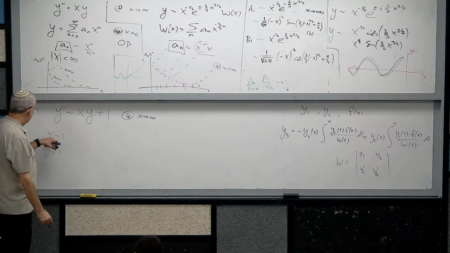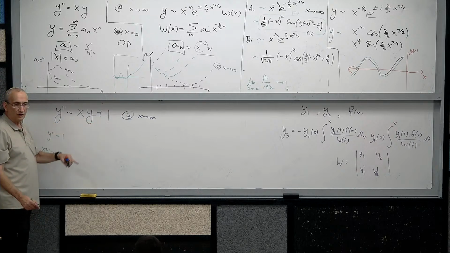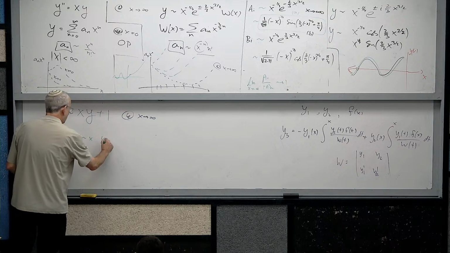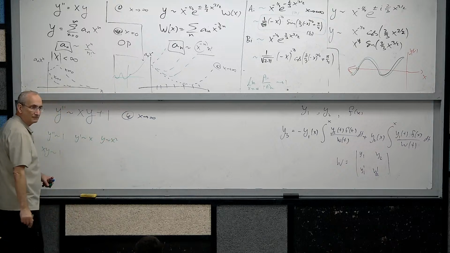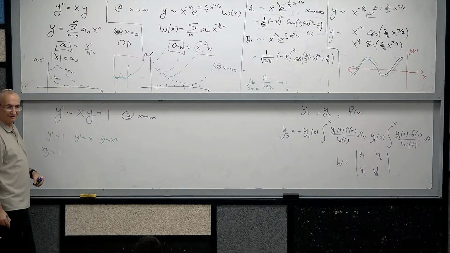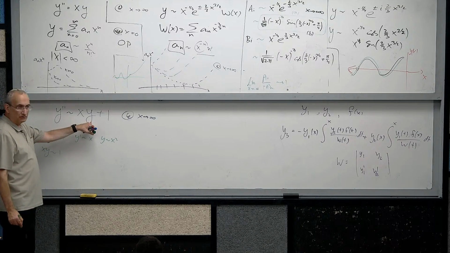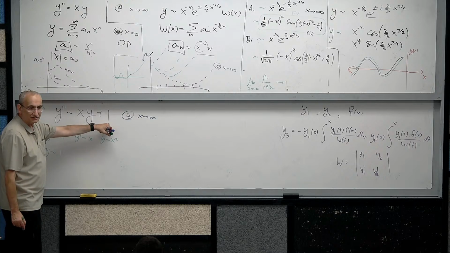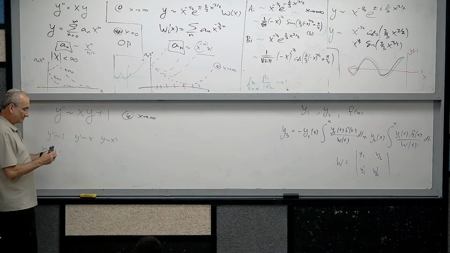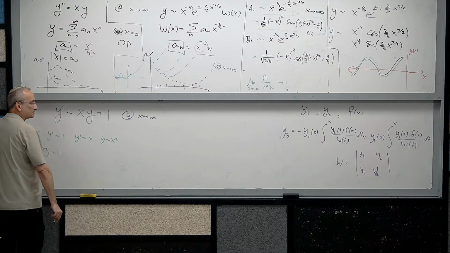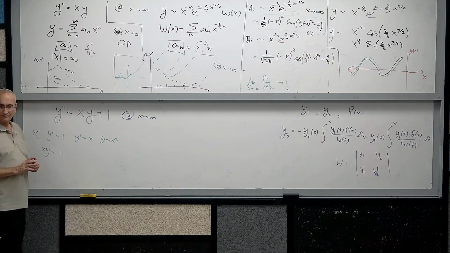Okay. Let's see. If y double prime is asymptotic to 1, then y prime is going like x, then y is going like x squared, give or take garbage. Which implies that xy is going like x cubed, which is much larger than 1. So this is inconsistent. Right? So we do not accept this.